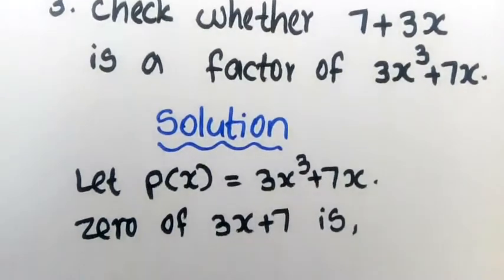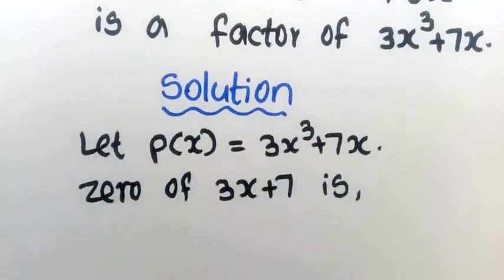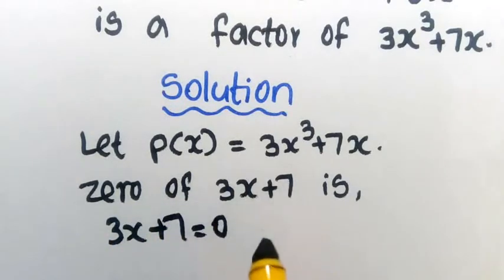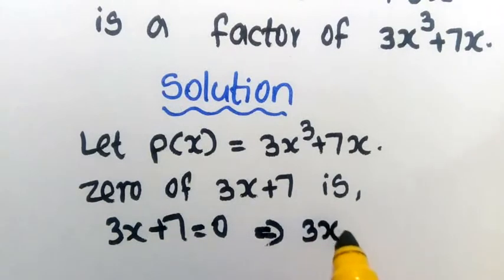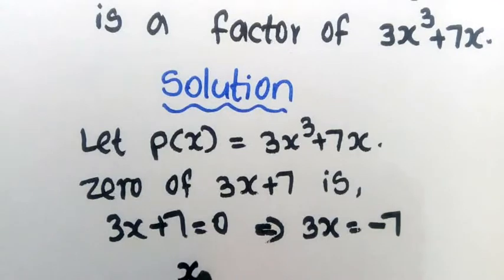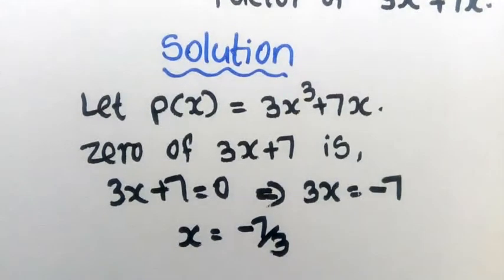So the 0 of 3x plus 7 is, we need to equate 3x plus 7 equal to 0, which implies 3x is equal to minus 7. Therefore, x equals minus 7 by 3. So we got the 0 of 3x plus 7. It is minus 7 by 3.